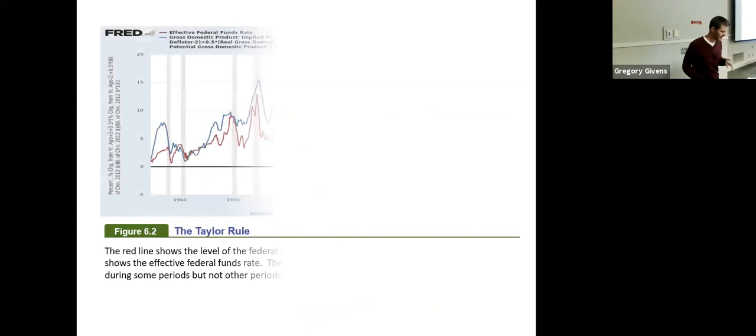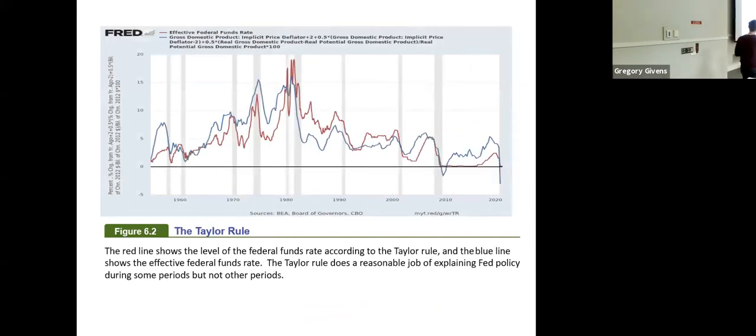Okay, let's look at some data for a couple of minutes. I think this is interesting. So here's a graph from the FRED website. I've got a small typo here. The red line in this graph is the actual effective federal funds rate.